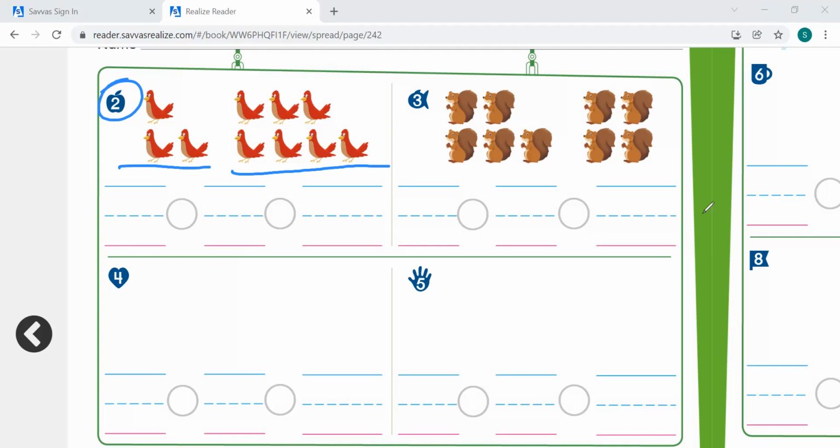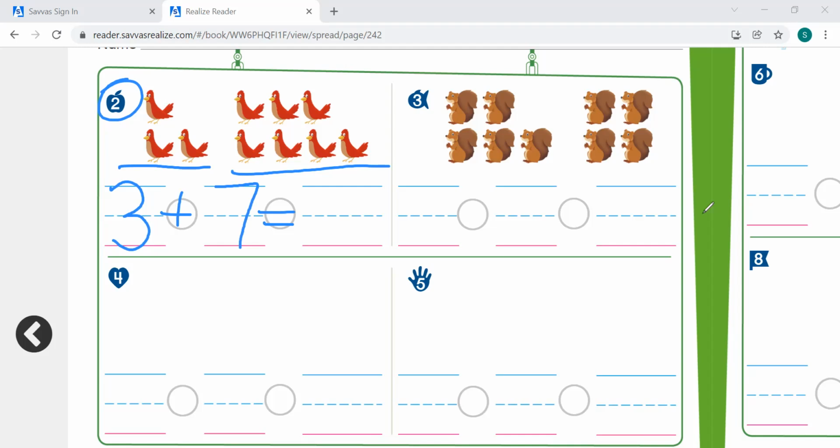So let's write our equation. We have 3 birds and we want to add. So we are going to put our plus. 7 more join them. So we add our 7. And we want to know how many birds there are in all.